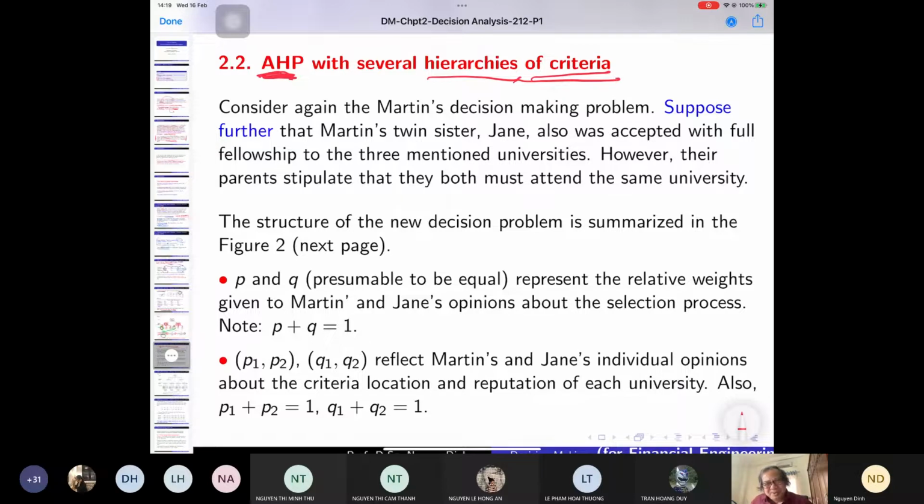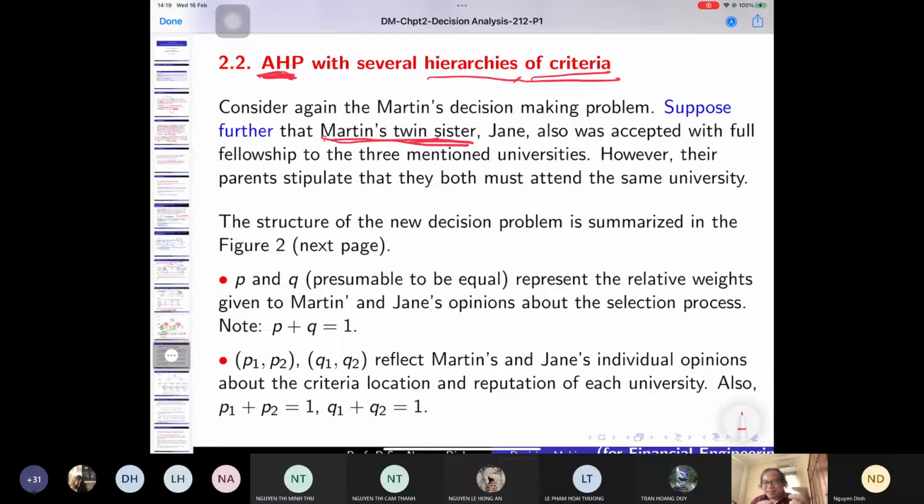But now the situation becomes more complicated. Imagine in the family there are two children, Martin and another one. Martin has a twin sister. Twin means the two have the same level. This year, both of them graduate from university, and they are all bright.